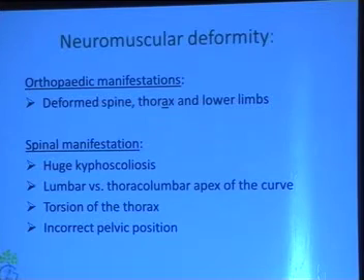Neuromuscular deformity, the orthopedic manifestation, you know, is deformity of spine, thorax and lower limbs, and spine manifestation, huge kyphoscoliosis, lumbar versus thoracolumbar apex of the curve, torsion of the thorax with incorrect pelvic position.